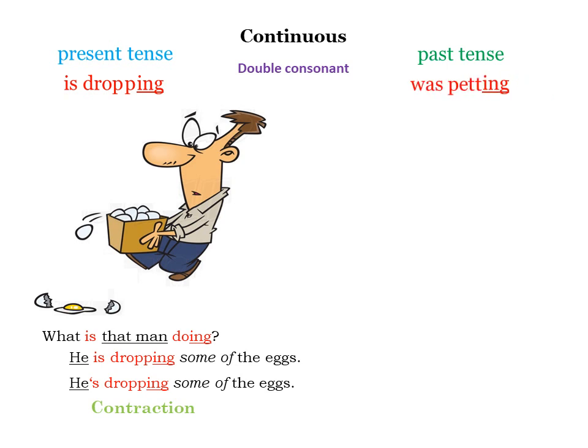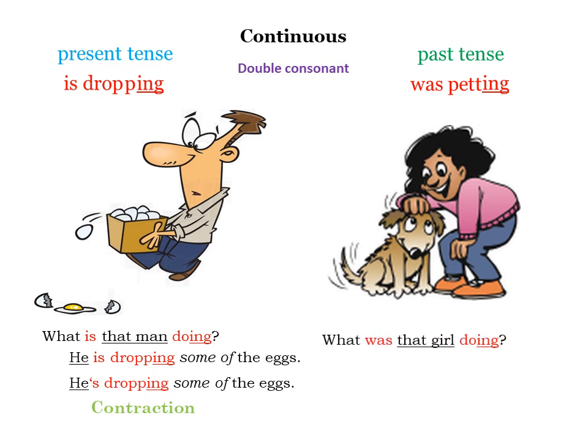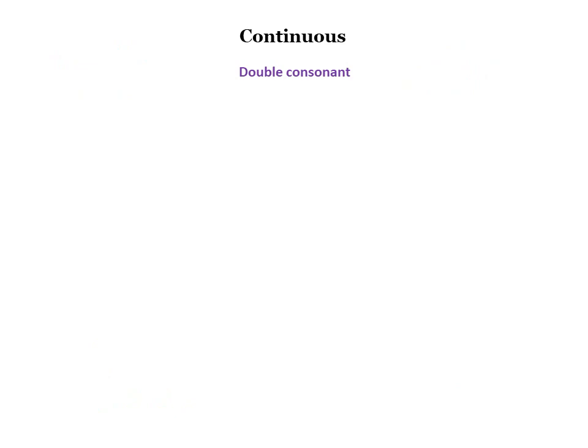Past tense was petting. What was that girl doing? She was petting the dog. Present tense are clapping.